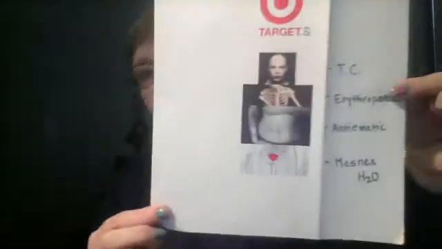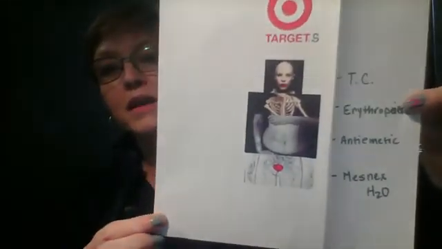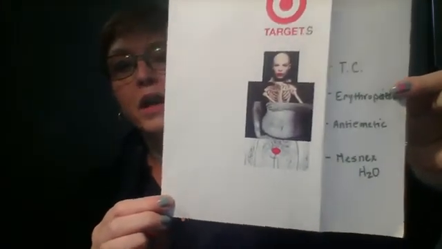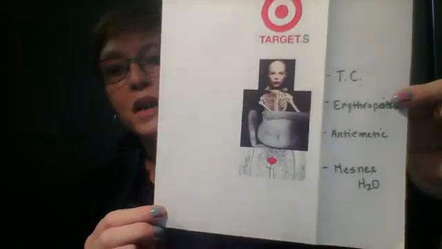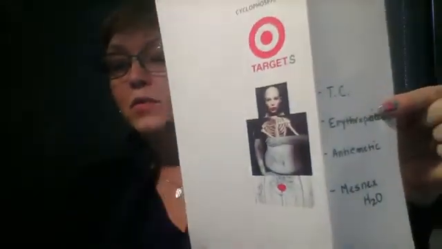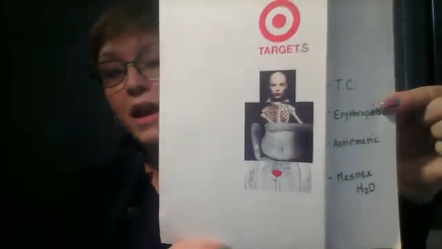See that? We're going to add H2O. So you need lots of fluids and Mesna for the bladder. So just to review, you can use Mesna and extra fluids for hemorrhagic cystitis, and we're going to monitor for blood in the urine.